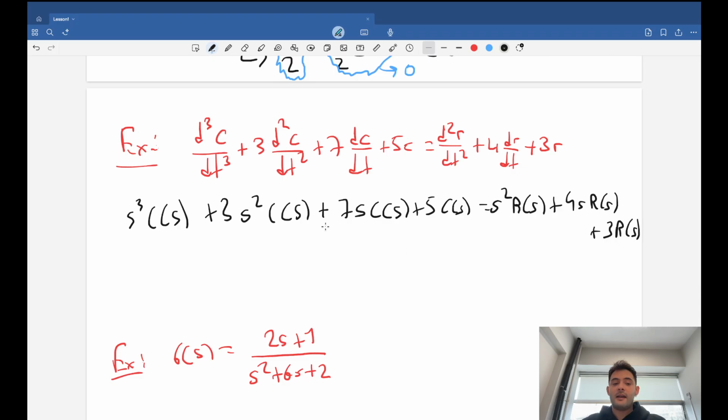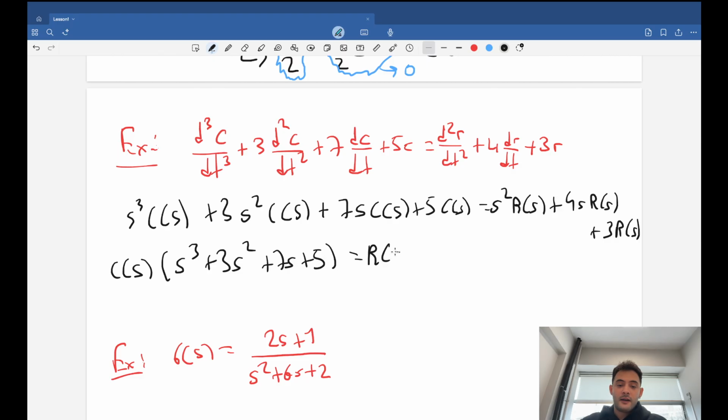So let's take C(s) and R(s) into parentheses to get G(s), right? In the parentheses of C(s) we have s cubed plus 2 s squared plus 7s plus 5, which equals R(s) times the parentheses s squared plus 4s plus 3.